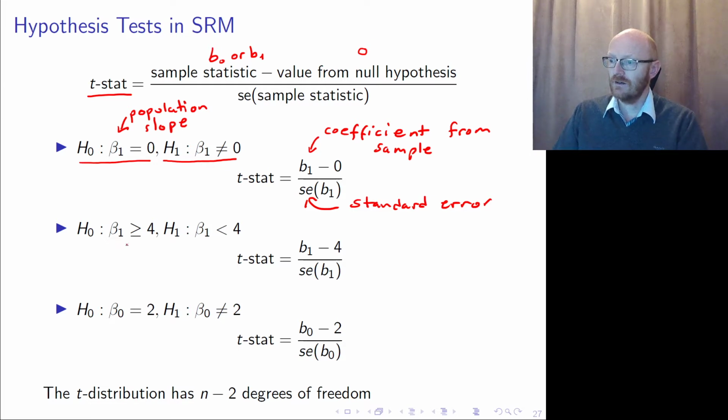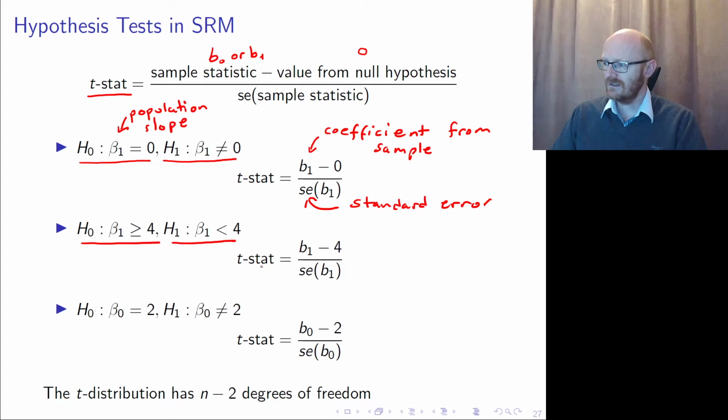And here we have a one-sided test. We wonder if the slope is greater than or equal to 4, and the alternative hypothesis would be if it's less than 4. Okay. If it's less than 4, then we would implement the model, right?